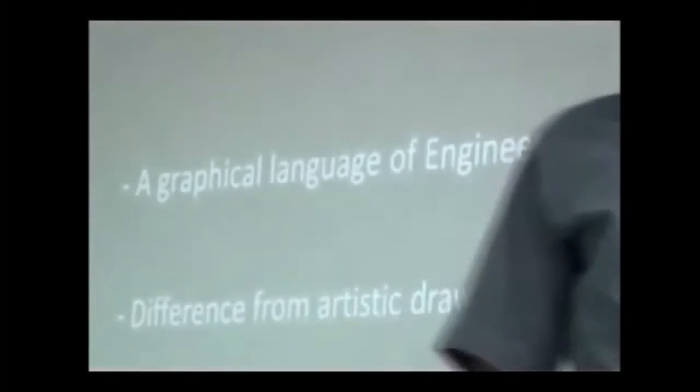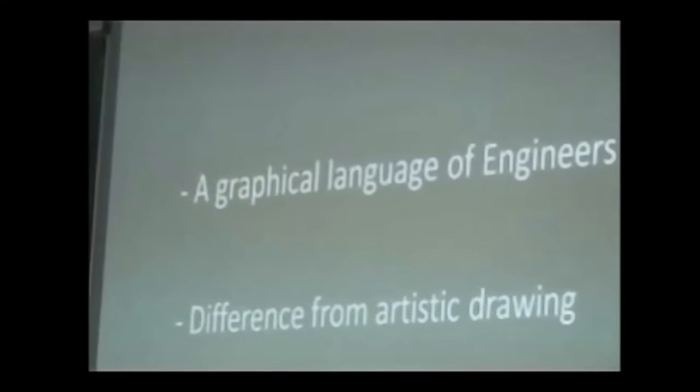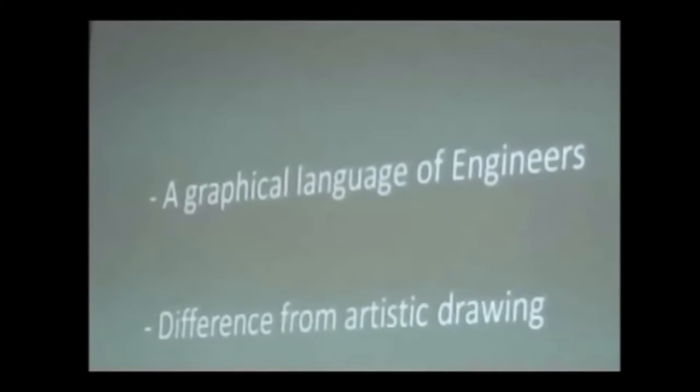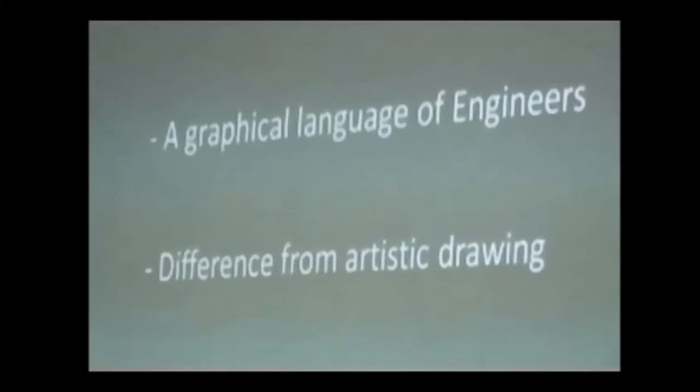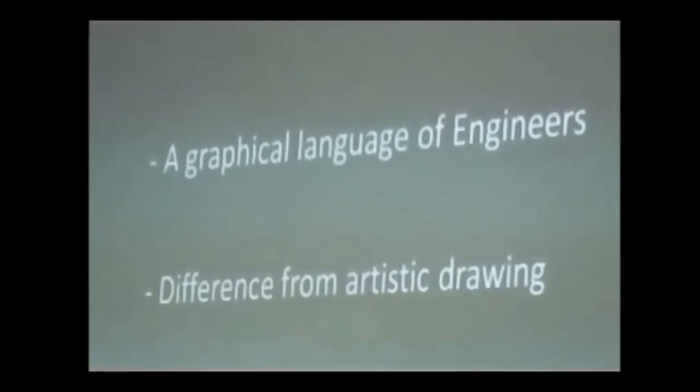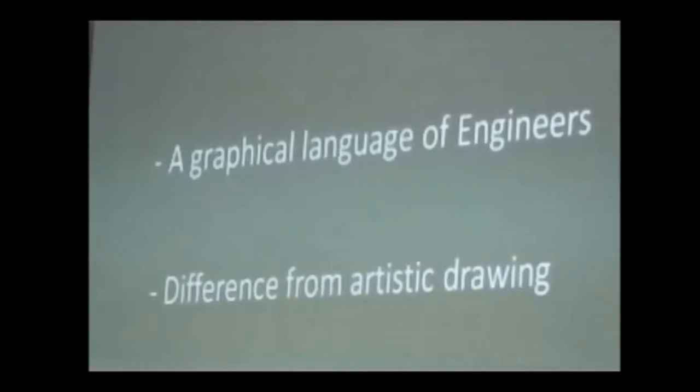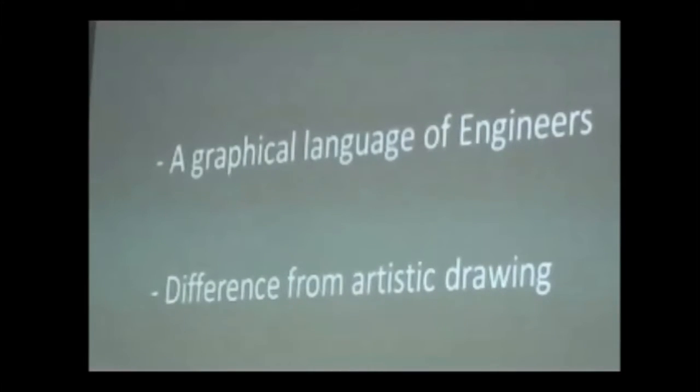So you can see some difference from other drawings. Some artists draw drawings, and they convey some message. Similarly, there is a difference between a drawing by an artistic person and a drawing by an engineer.